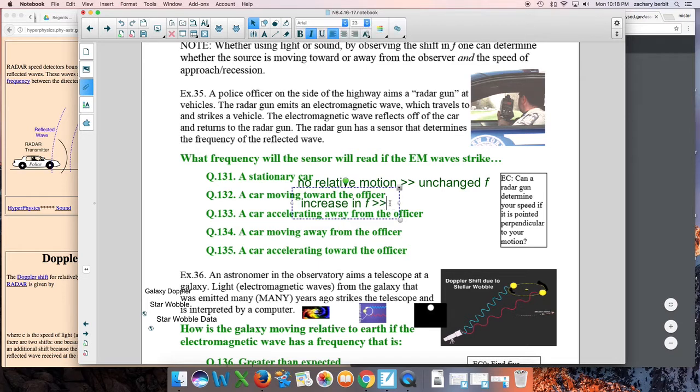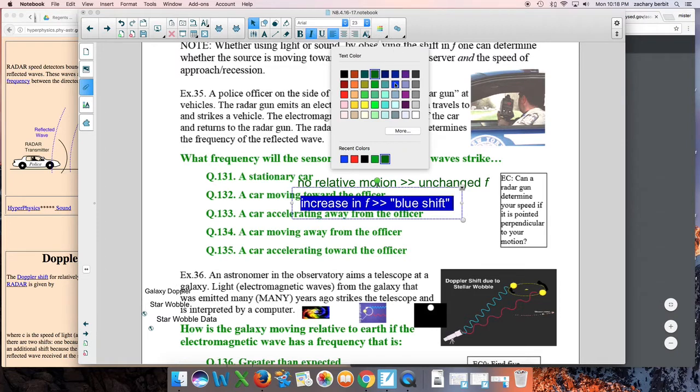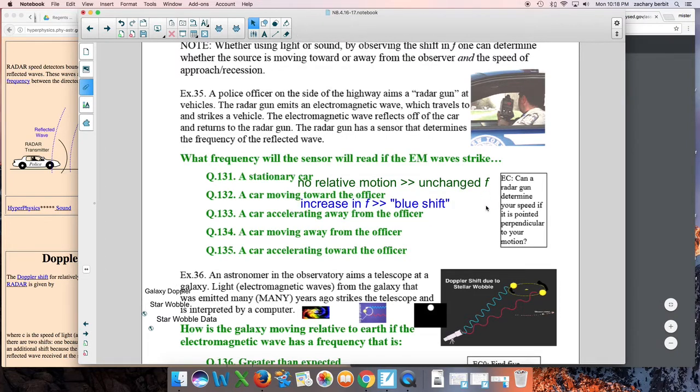An increase in frequency we tend to call a blue shift. The reason being, so we'll make this blue. There we go. The reason being, blue is actually higher frequency among the colors, and so when things move toward a higher frequency, the car approaching the officer, then we tend to call that a blue shift.